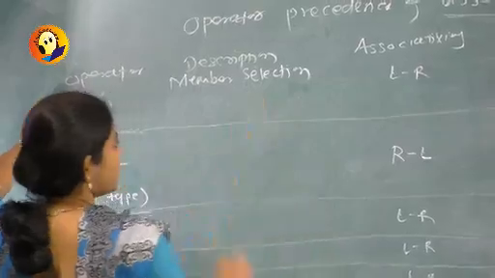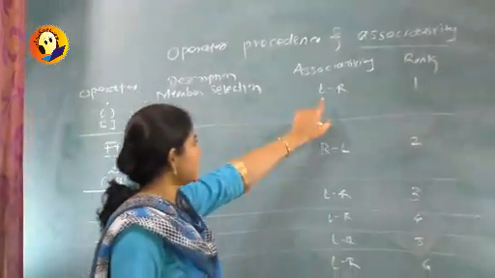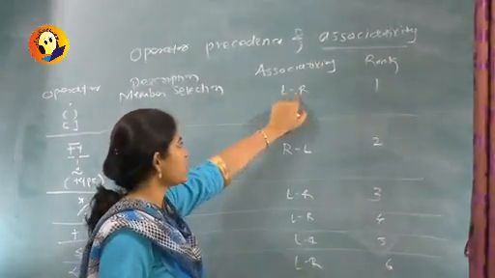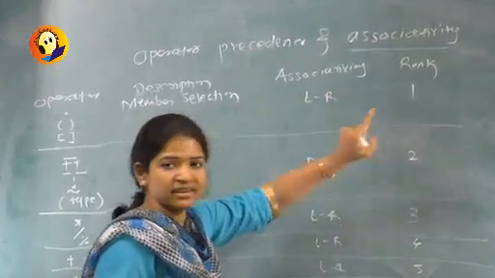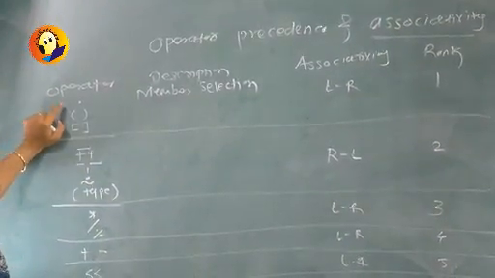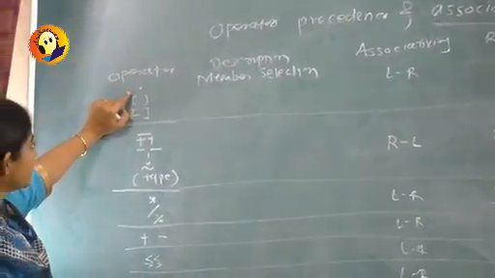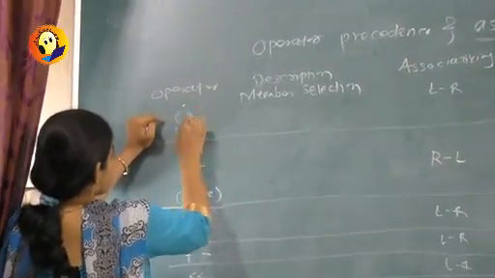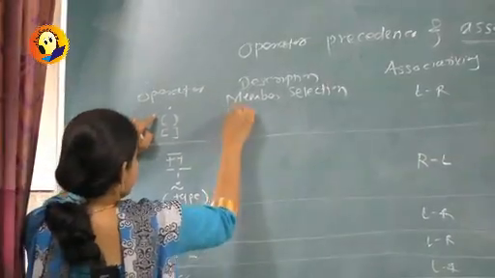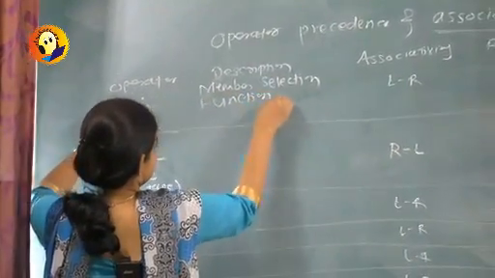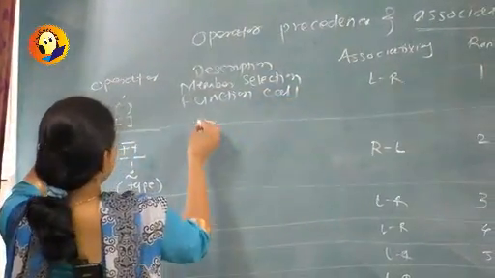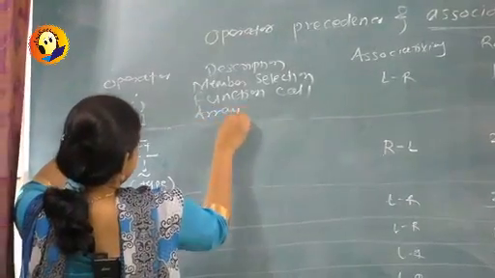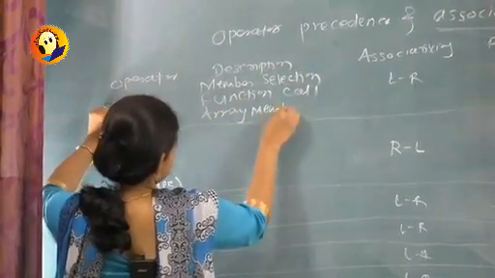Member selection operator. Associativity, that is direction of operation, is from left to right and ranking is 1. So the ranking 1 is given to 3 various operators. Second one is function call operator, and third one is array member selection operator.